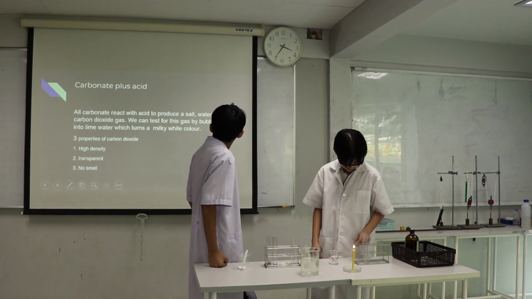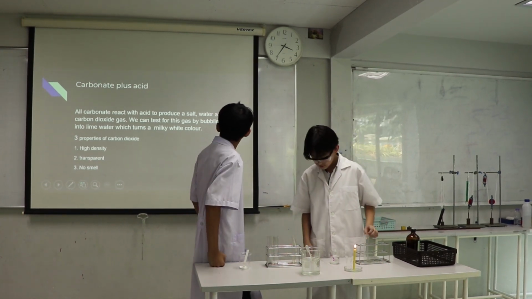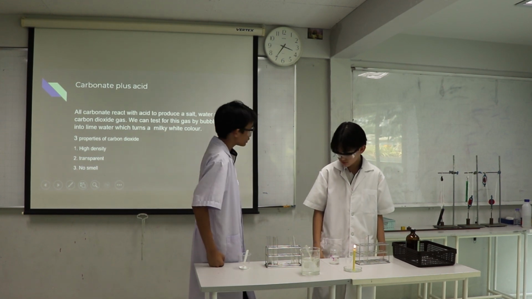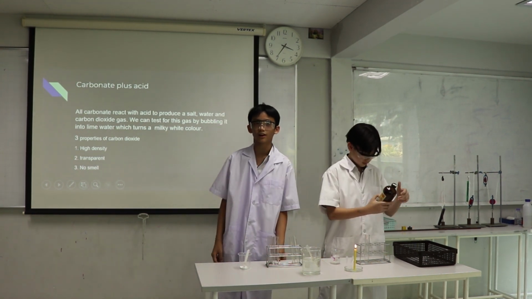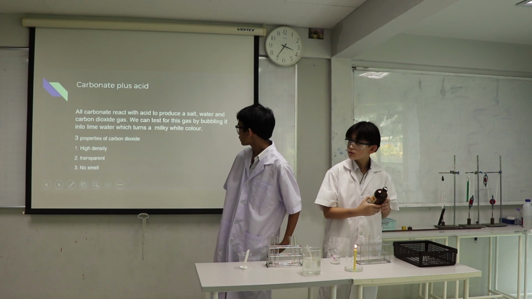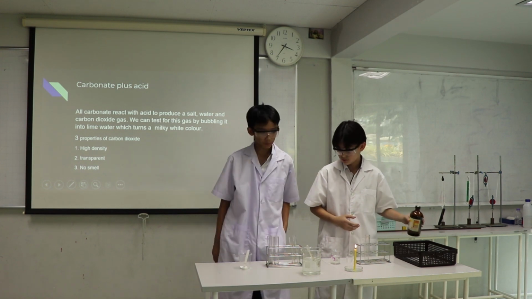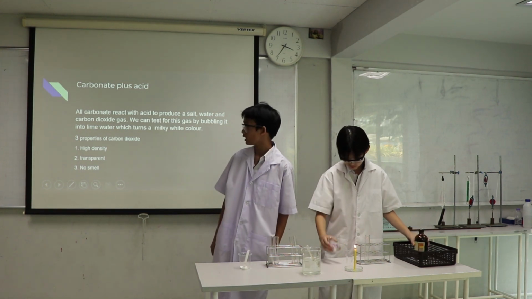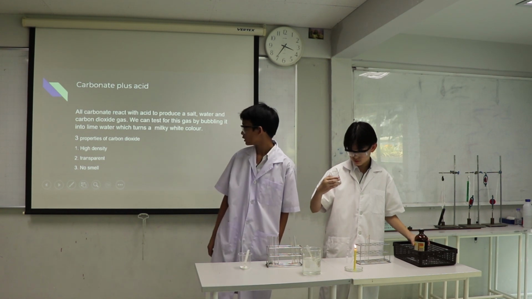All carbonates react with acid to produce a salt, water, and carbon dioxide gas. We can test for this gas by bubbling it into lime water, which turns a milky white color. Three properties of carbon dioxide are that it is high density, transparent, and has no smell.